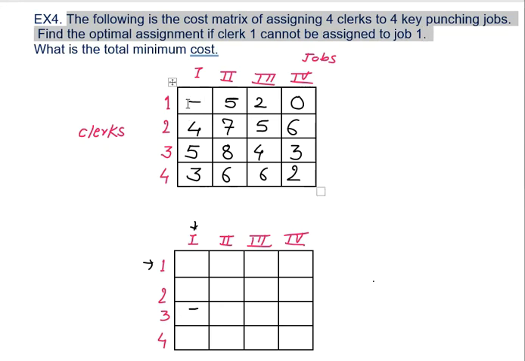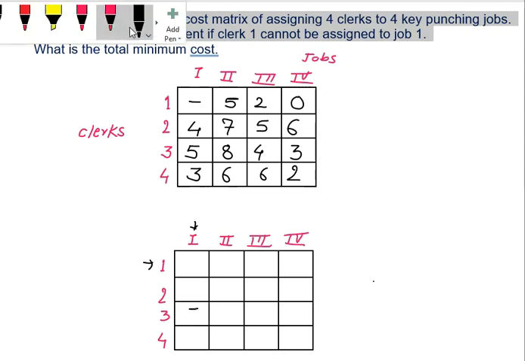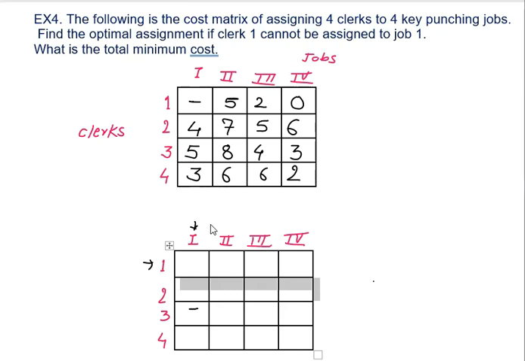So look at the cell C11. The cell C11 does not contain any cost, and it is given that we cannot assign clerk 1 to job number 1. So how do we solve this assignment problem? There is a restriction that we cannot assign clerk 1 to job 1.